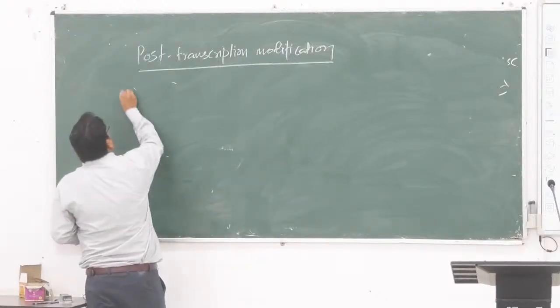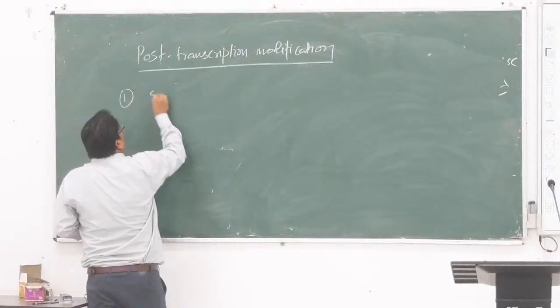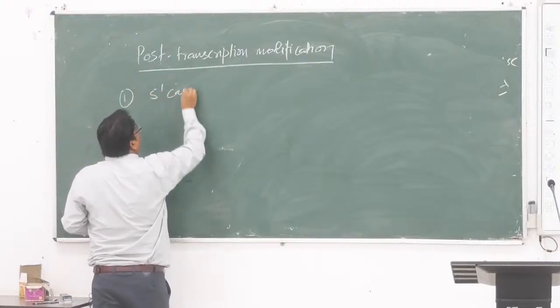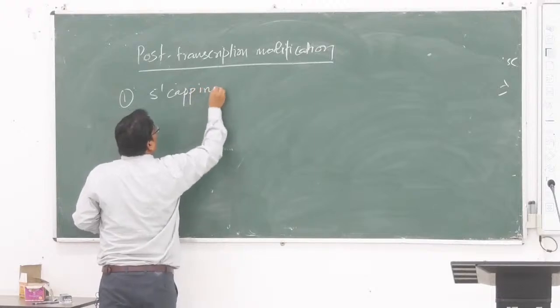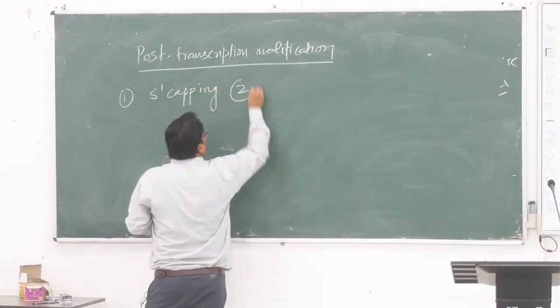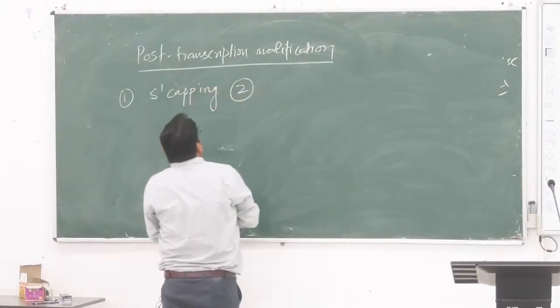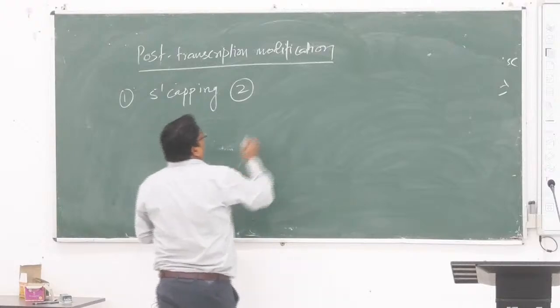The first one is 5' capping. Second one is formation of poly A tail.